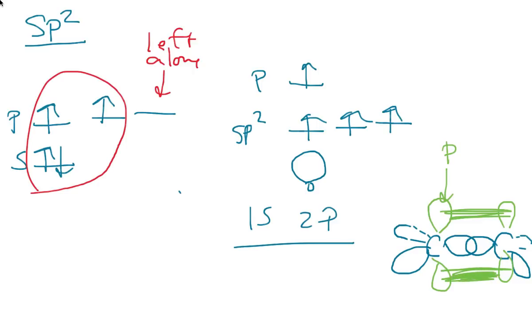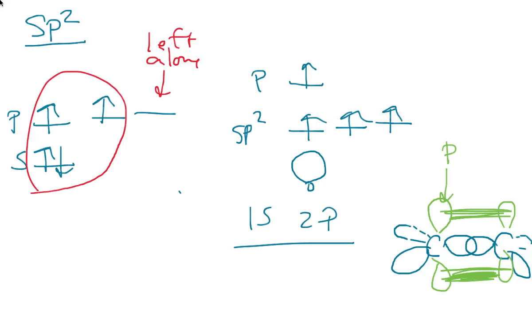This is 1 orbital above and below, but they overlap on both sides. So that's 1 sigma bond between them, and then there's 1 pi bond between the carbons. That describes double bonding in anything. It doesn't have to be between carbons. This could be a carbon and a nitrogen, or a carbon and an oxygen. Those would still also have to be sp2 hybridized to have a p orbital.